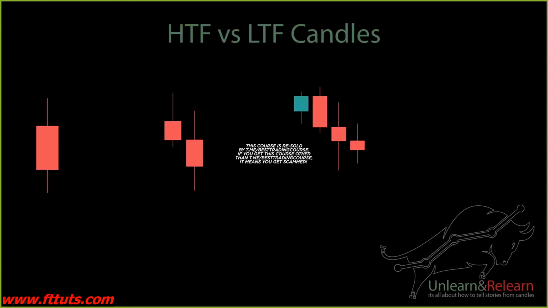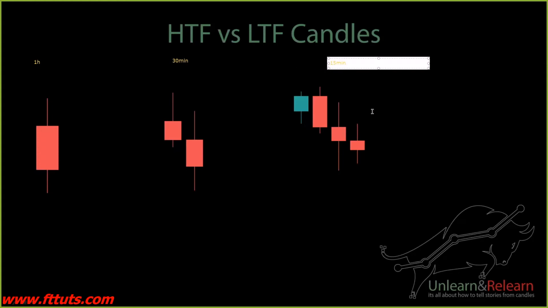So there's going to be a lot of information there. Okay, so over here we have the 1 hour chart. We have over here the 30-minute chart, and then we have here the 15-minute chart, right? Perfect.